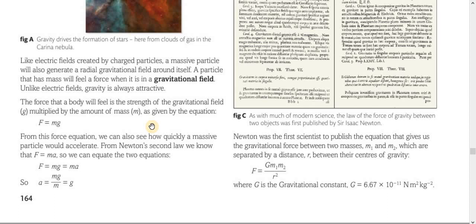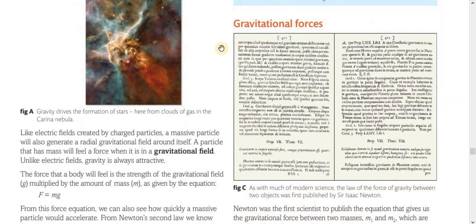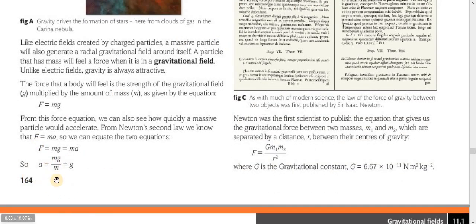But if you use F equals ma, this F is a resultant force, always the resultant, the net force of all the forces acting on a particular body. And this is showing you that the weight is the resultant force in an example like this, and then if you find a, it is actually equal to g.